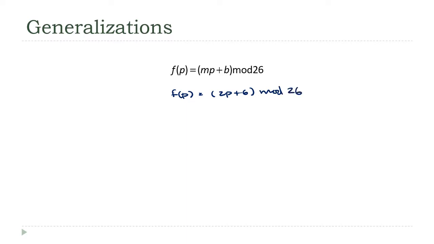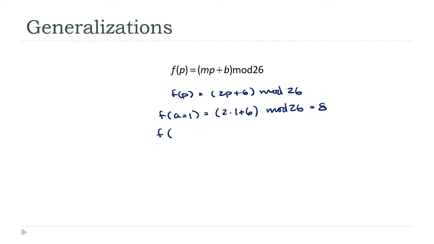mod 26. Right, so here's where this is going to cause trouble for us. F of A, A is number 1. This is 2 times 1 plus 6 modulo 26, which is 8. Okay, fine.